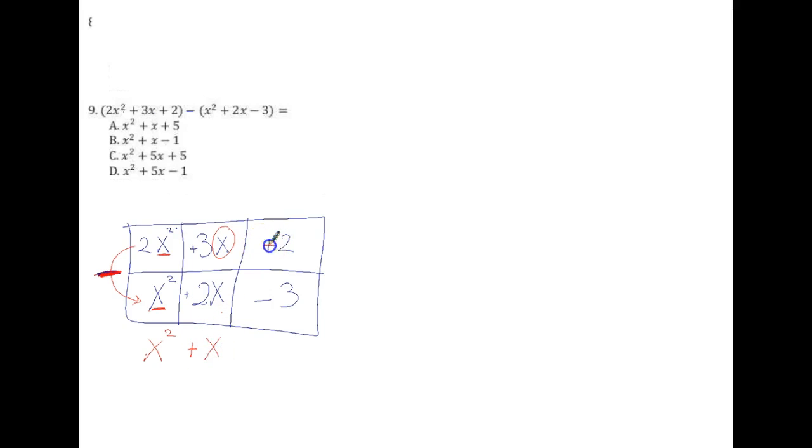Now, 2 minus negative 3. Remember, minus minus makes a plus. So it's not really minus, it's a plus. So 2 plus 3 is a 5. And that's your answer. So it is A.